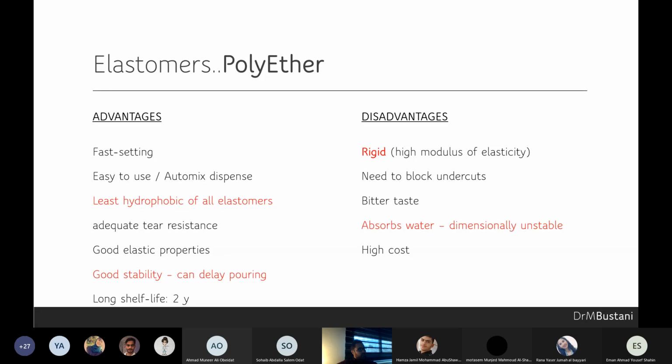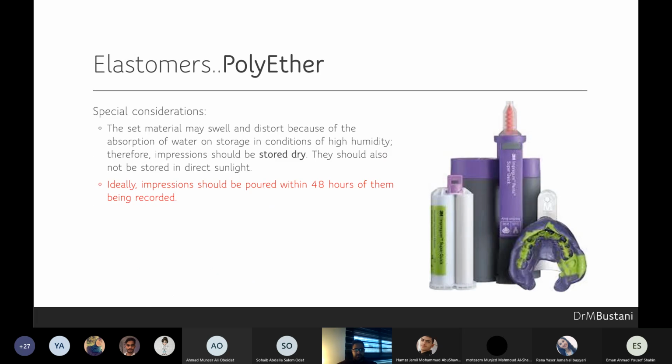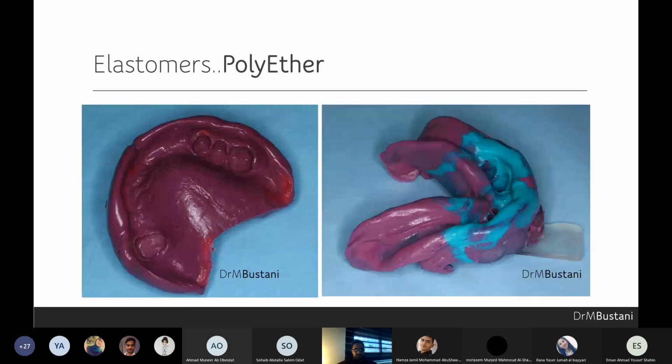Polyether. Anything else to mention about polyether? We will mention one other property about polyether. It's called thixotropic. So when the material is under shear forces, when you press the material under pressure, it will flow a little bit better. I don't have a picture.